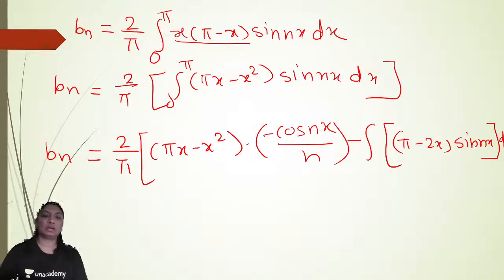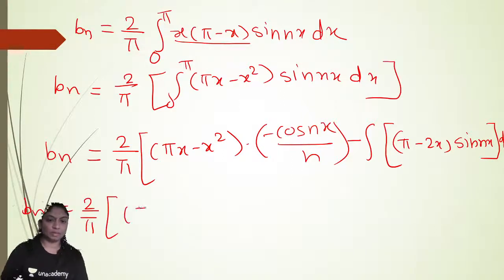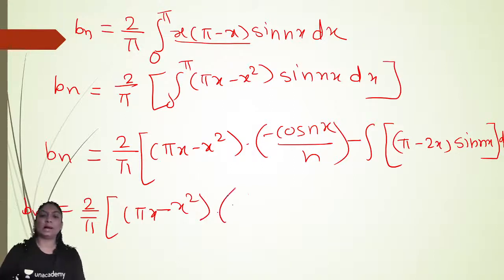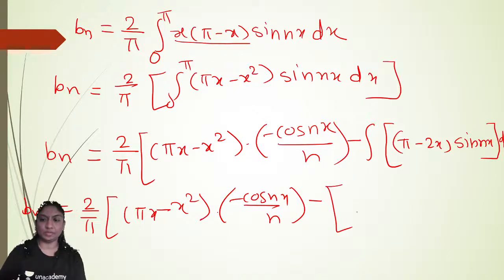Okay. Now Bn is equal to 2 by pi times (x minus x square) into minus cos nx upon n, minus the integral of this. Again you have to apply the u into v rule.